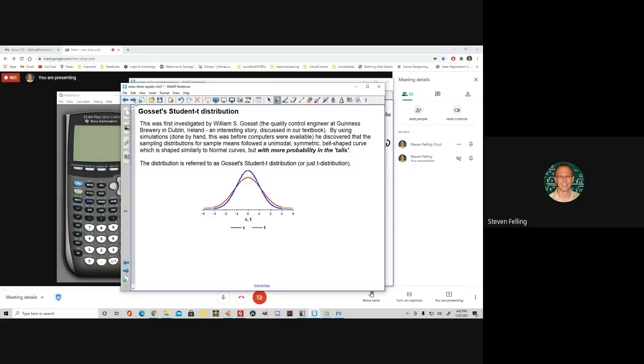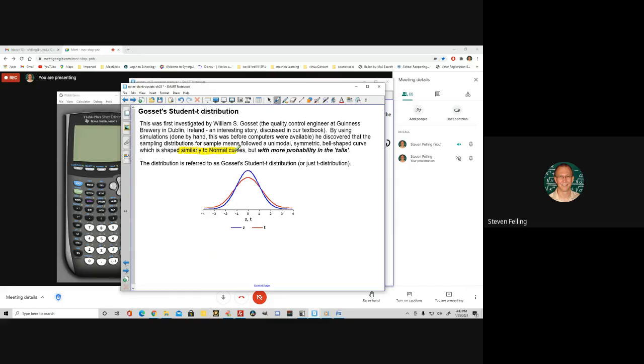He discovered that if you try to build a sampling distribution for a sample mean, the average of lots and lots of different means taken randomly from a population, you do get a sampling distribution here at the third level that is symmetrical and roughly bell-shaped, but it doesn't match a normal curve.